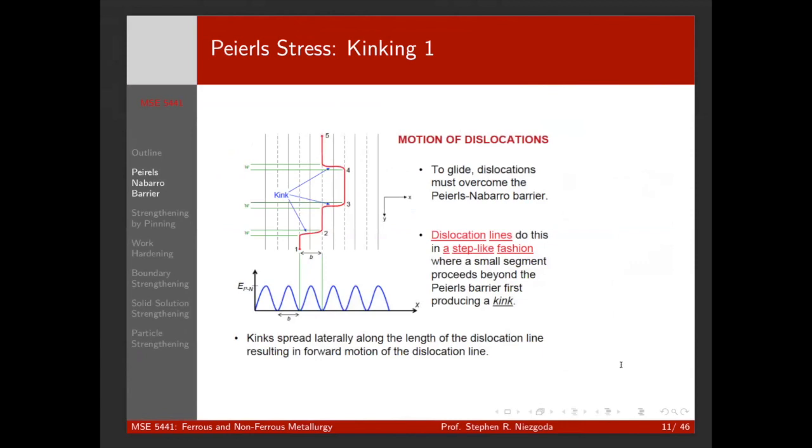Kinking, dislocations don't move uniformly. They move in jerky steps. This was actually a big central focus of a workshop I was at. I was looking at the advances that have been made in modeling the mechanical behavior of polycrystals over the last 50 years, both in metallurgy and geological materials, because rocks are crystals too.